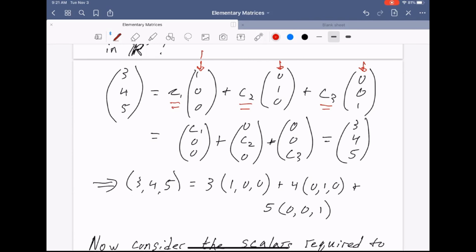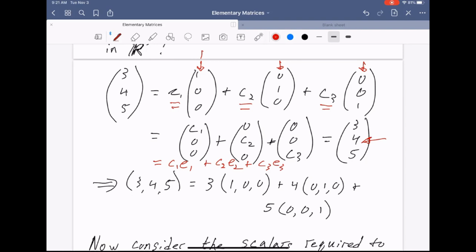All right, and when you solve that, you get that solution, so you get that back. So what we have is basically C1 E1 plus C2 E2 plus C3 E3. Okay, that's your standard natural basis.